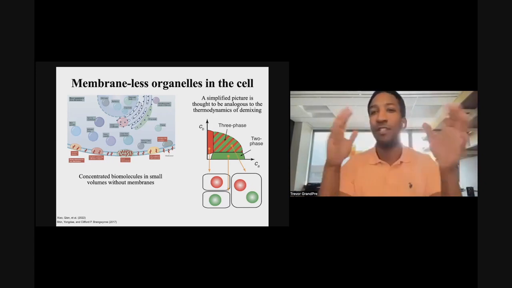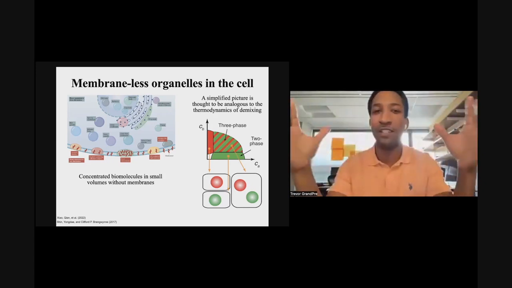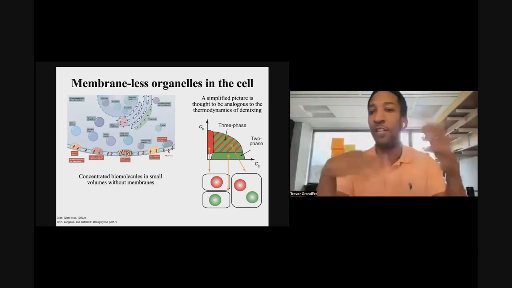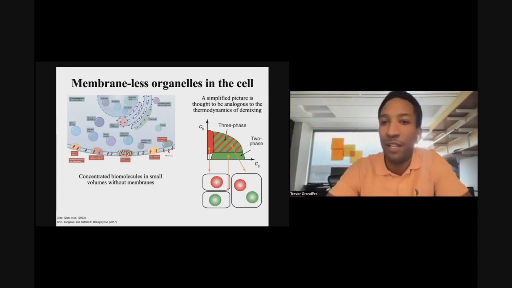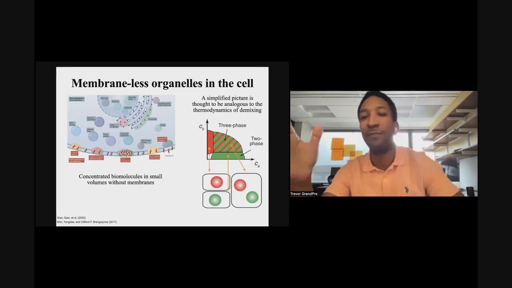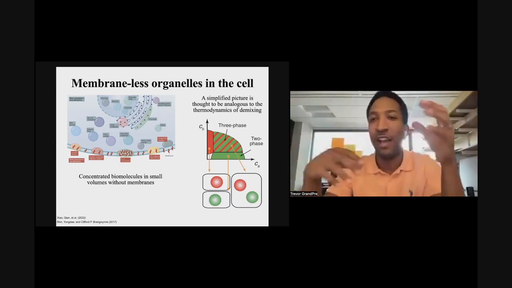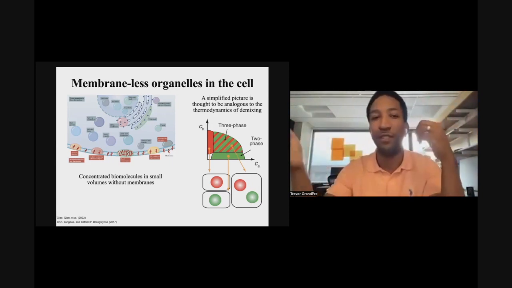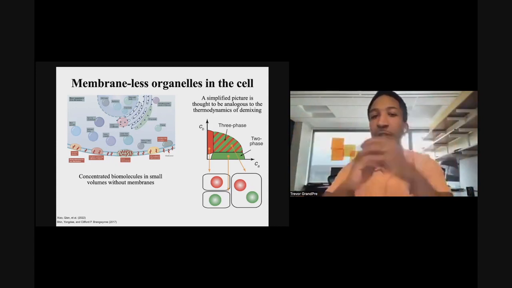Because if this was an equilibrium system, we'd expect all of it to be mixed into one big mixture of all the proteins. And so one simple theory is that you can think of it as a multi-component phase diagram where I can have multiple protein concentrations that are in equilibrium with each other. Of course, this is a simplified picture, but this is just one idea.